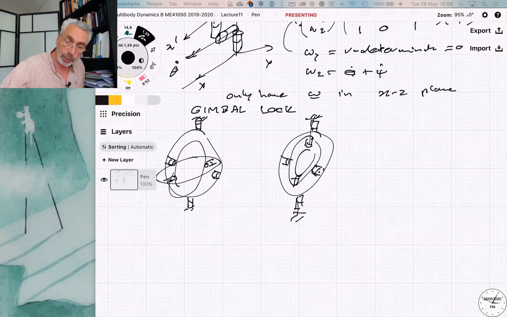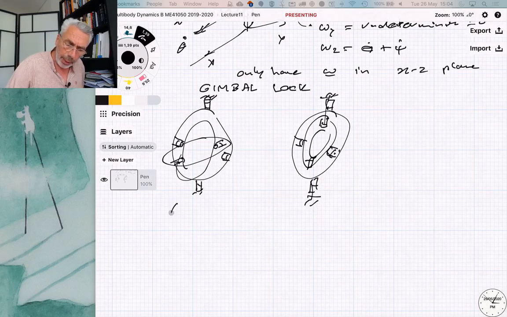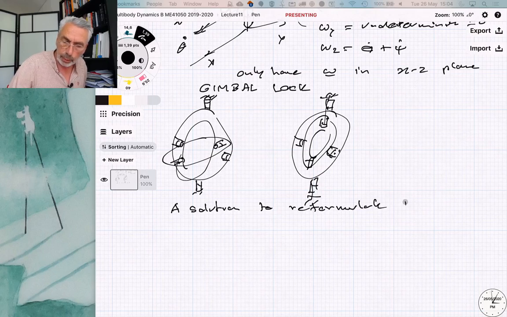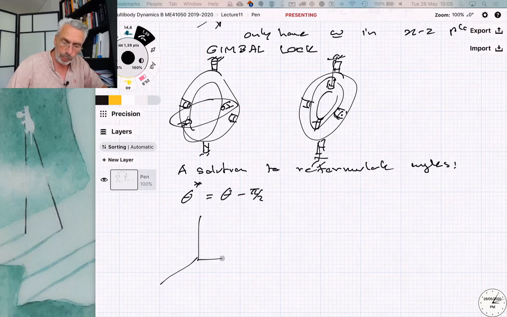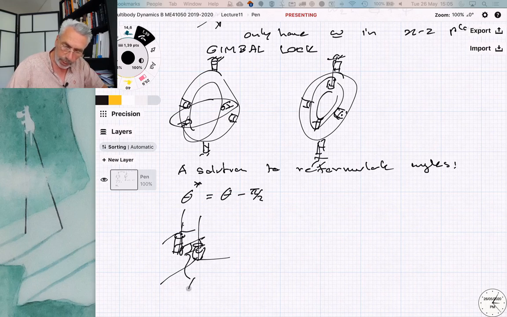Now you can solve it. A solution is to reformulate angles. And one way would be, I take a theta star, which is theta minus pi over 2. So if I'm very close to this configuration, and it's only about the middle one, this guy, this theta. This is a singular configuration. What do?